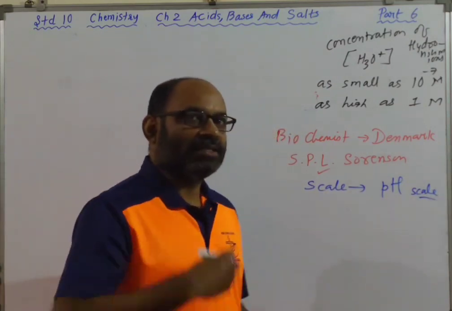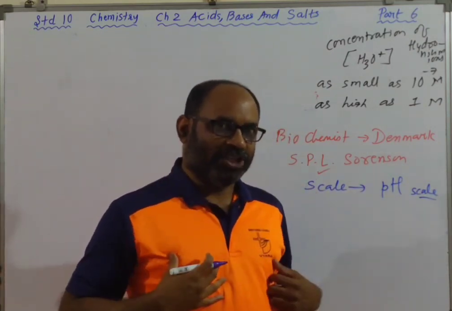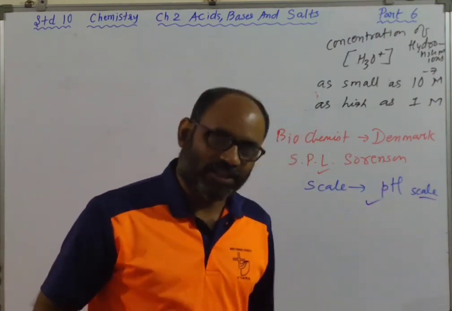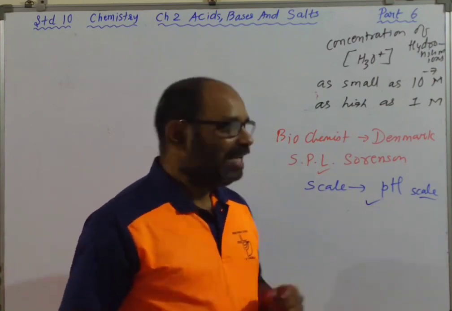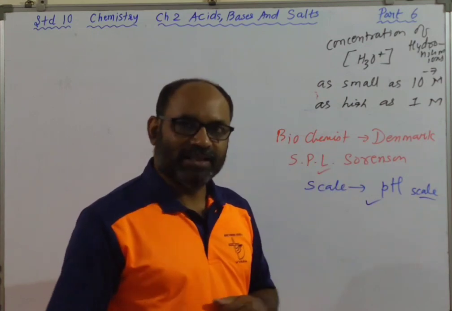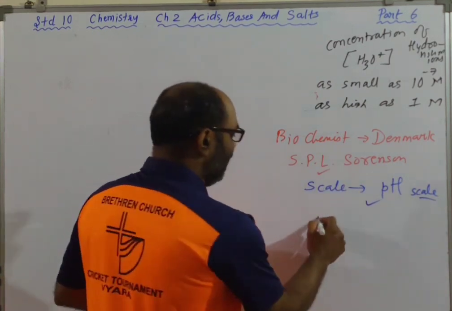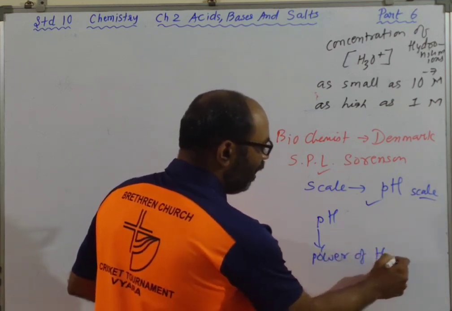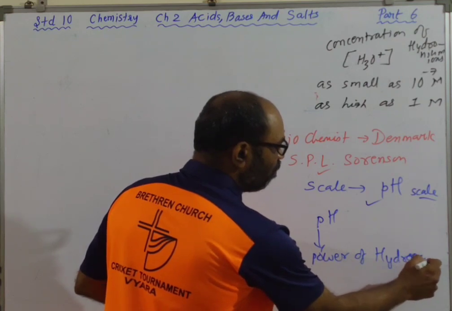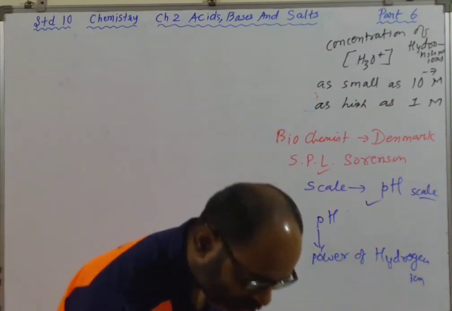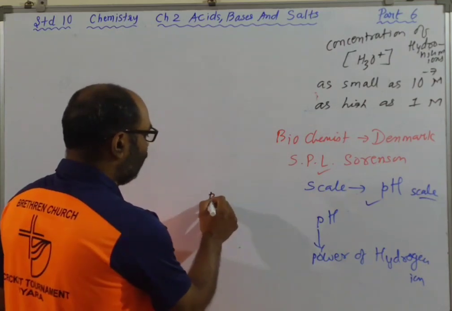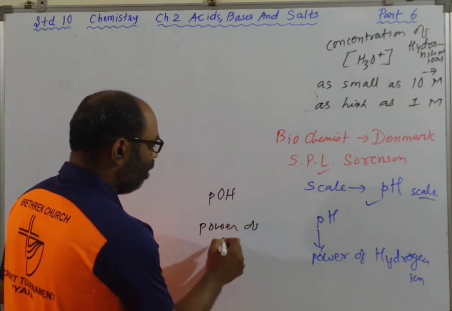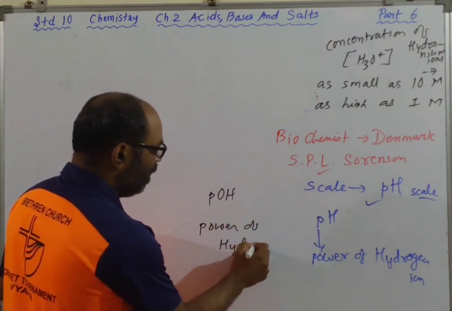So it's just as to measure your body temperature, you will use a thermometer. Here to measure the concentration of any solution, you have to use the pH scale. This was developed by Sorensen. Alright. Now this pH means power of hydrogen, power of hydrogen ion. Like that, you can also calculate pOH, that is power of hydroxide ion.